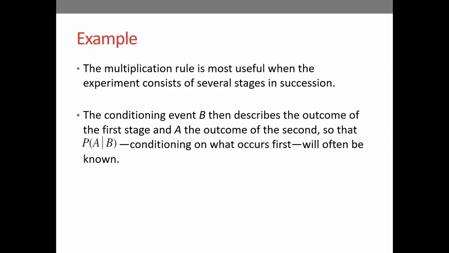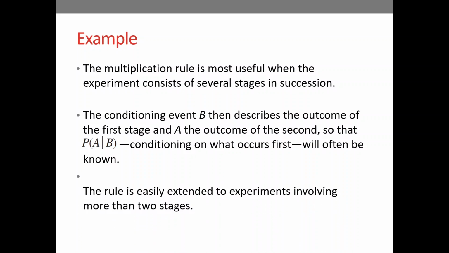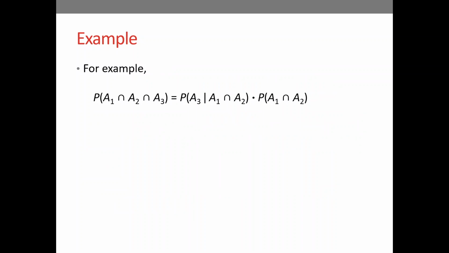And then finally, this rule is easily extended to experiments involving more than 2 stages. Now let's look at that. What does that mean? For example, I'm interested in 3 different things, probability of A1 and A2 and A3. So the way we can expand the existing formula is that if we know the probability of A3, given A1 and A2 have already happened, and I already know the outcome of this and this.